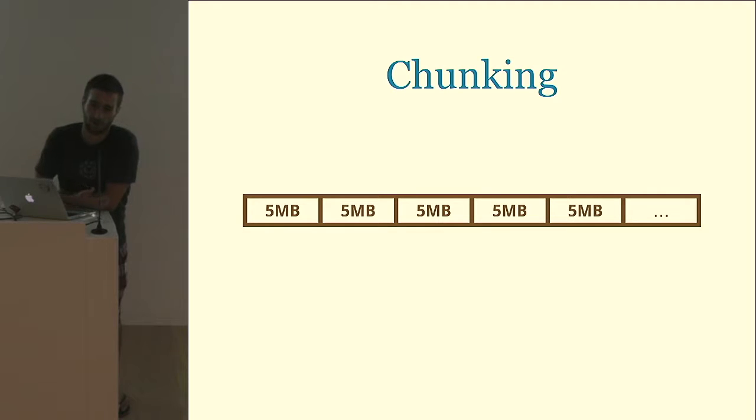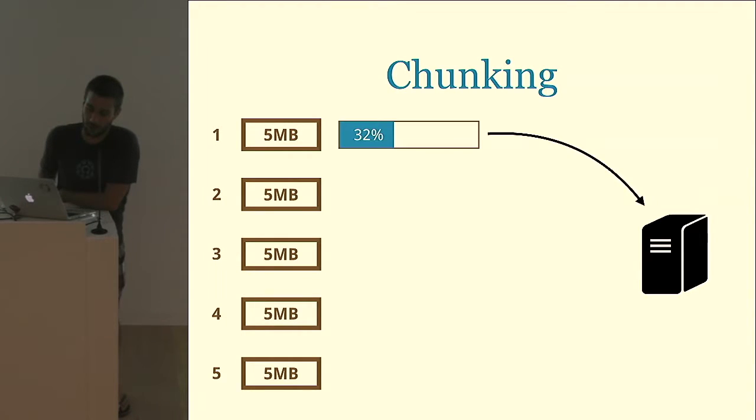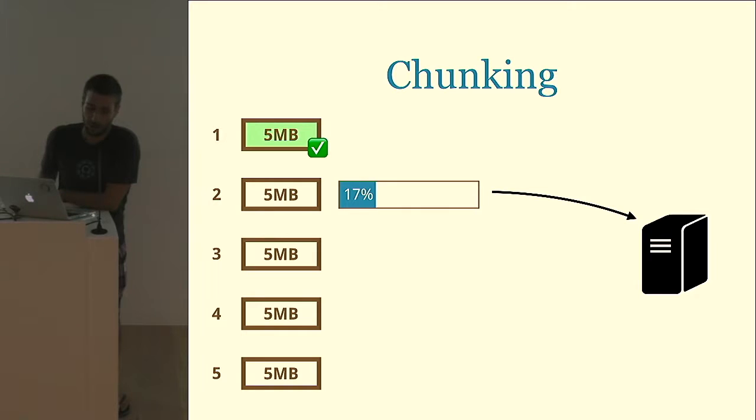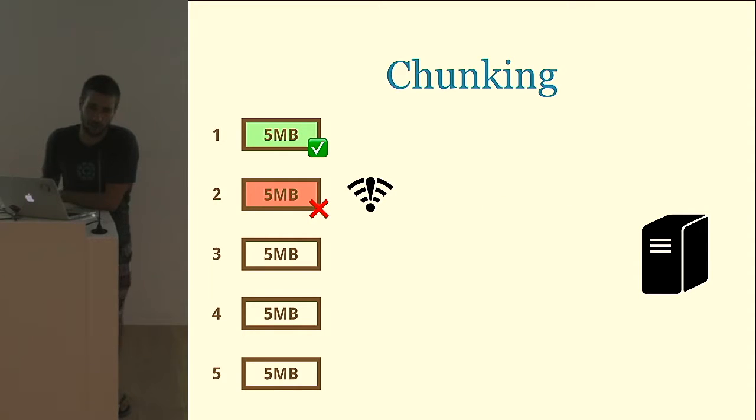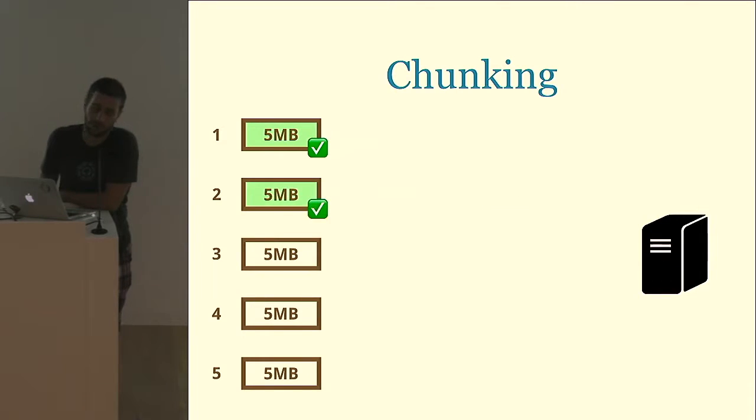Instead of uploading the whole file at once, we just split it into chunks and upload each chunk individually to the server. So if any of the chunks fails, for example due to internet connection failures, that chunk can be automatically retried, and after some time it might succeed if it's just a flaky connection.